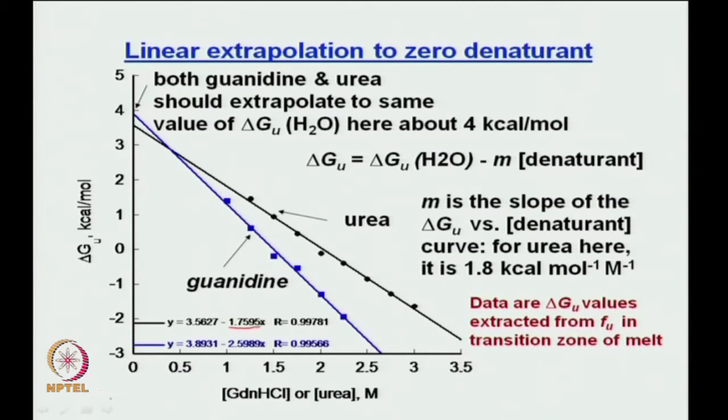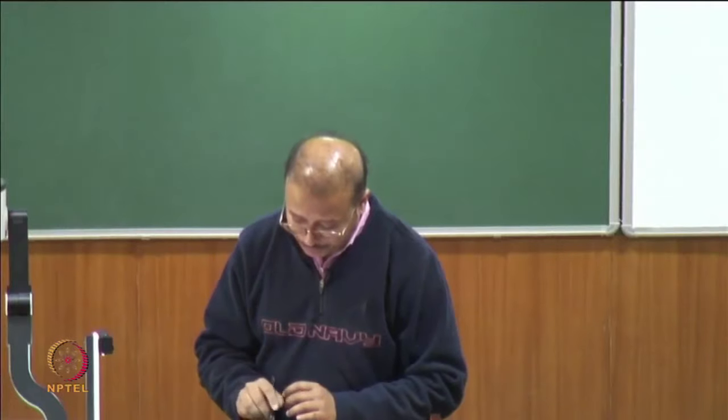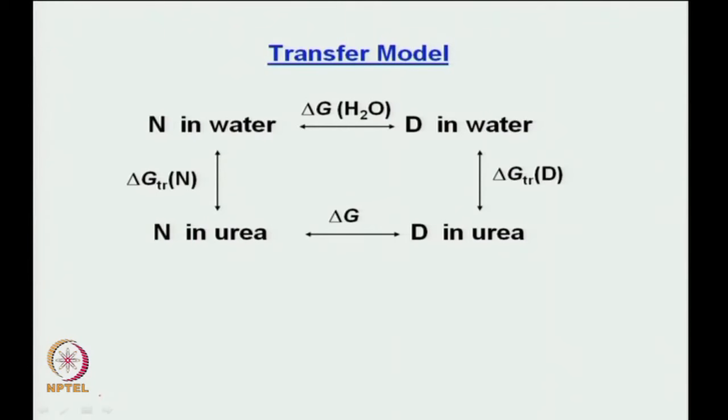So, what people did is they tried another model which is called a transfer model. What is this transfer model? You look at this thermodynamic cycle. You can have the native state in water, and you can transfer the native state in water to the same N in a certain concentration of urea.